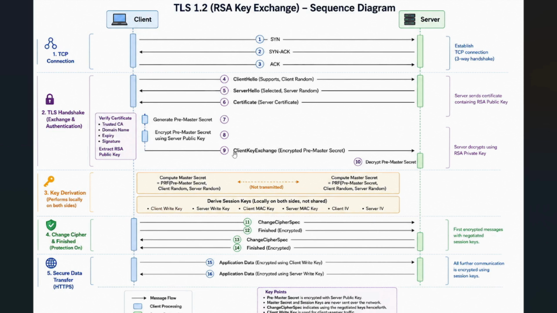Of the pre-master secret. So now this is your TLS handshake, which is the second phase. I'm just repeating again. What did we do in the second phase? We shared the client random and server random with each other.